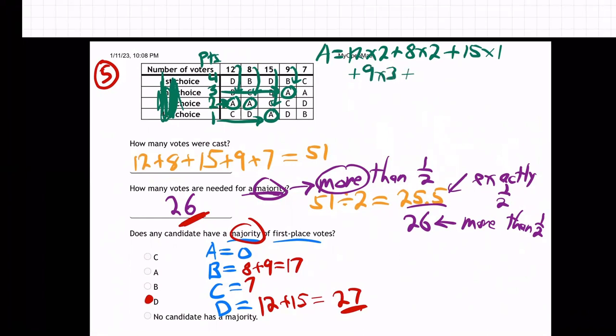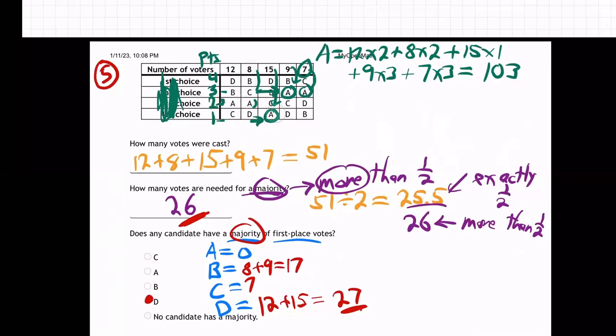And then lastly, these 7 people, there's A, gave A 3. If you add all that up for A on my calculator, I'm getting 103. So A got 103. Okay, let's keep going.